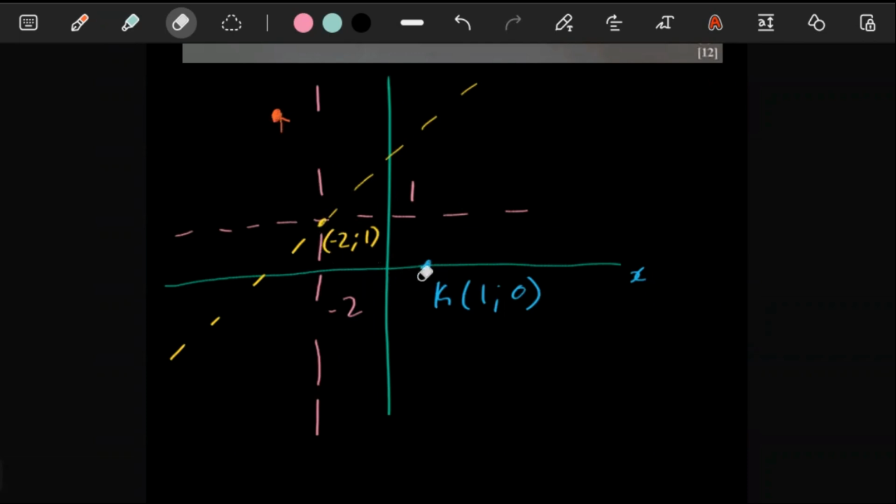So from here, 3 units upwards gives you a y value of 4. And then 1 unit to the left from -2 gives you a -3.